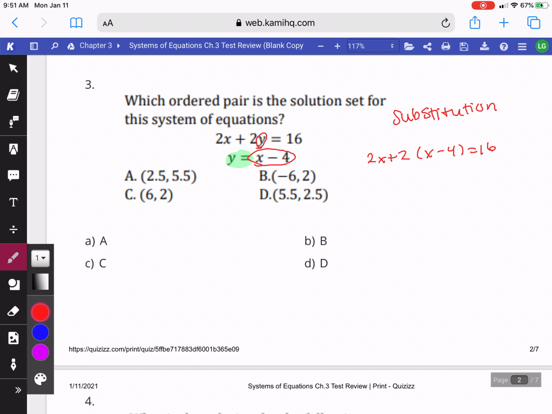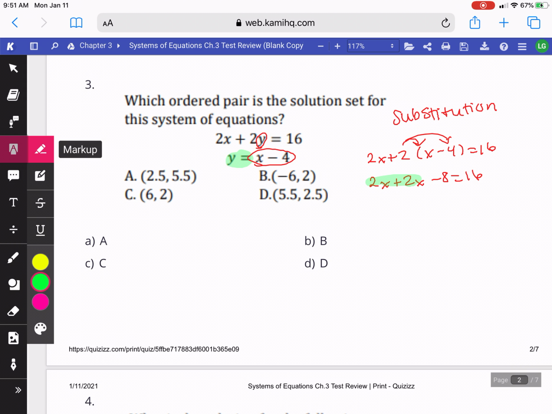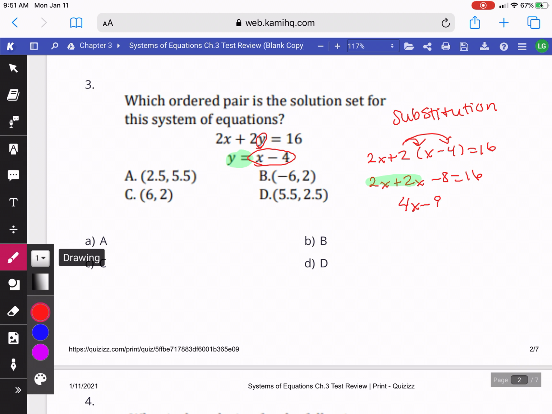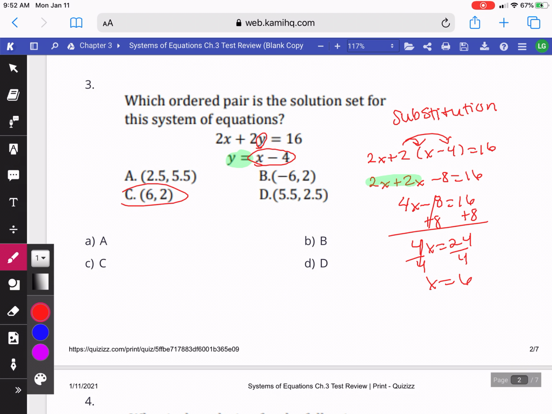And I can continue to solve from there. So I'm going to distribute. 2 times x is 2x, 2 times -4 is -8. Here I can combine like terms, so I get 4x minus 8 equals 16, and you can continue to solve from there. So I already know my x is 6. I'm not going to do any more work. The only answer choice here that has an x of 6 is C.